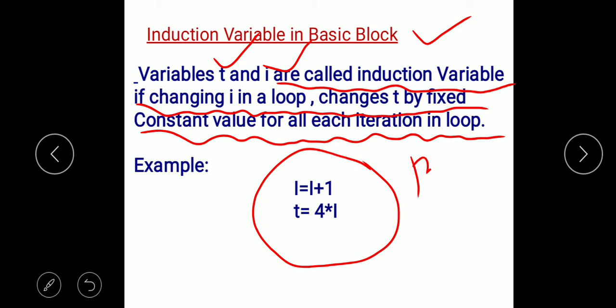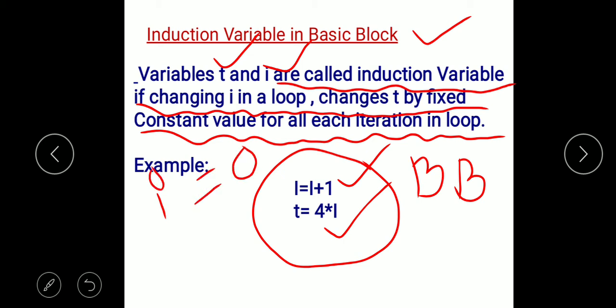Suppose this one is a basic block. You can see here, if I is incremented by 1, t is incremented by 4. You can clearly observe this. If I equals 0, then t would be 4.